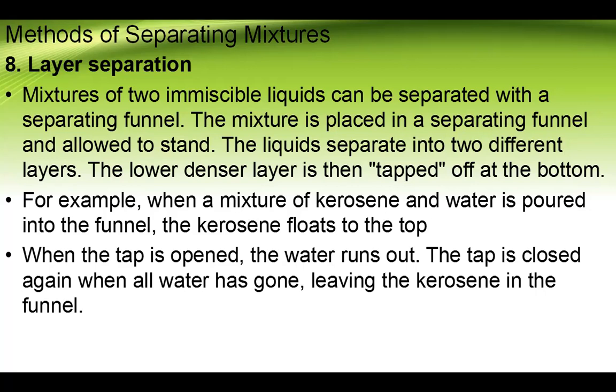For example, a mixture of kerosene and water is poured into the funnel. The kerosene floats to the top, then the tap is opened. The water runs out, and the tap is closed again when all the water has gone, leaving the kerosene in the funnel. So that's how you separate the water from the kerosene.